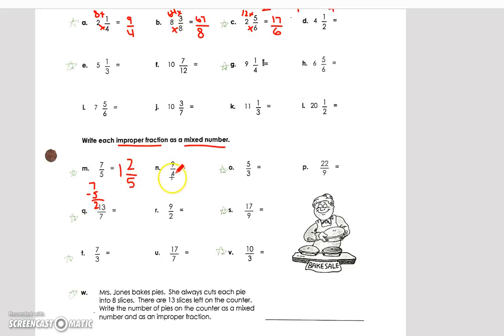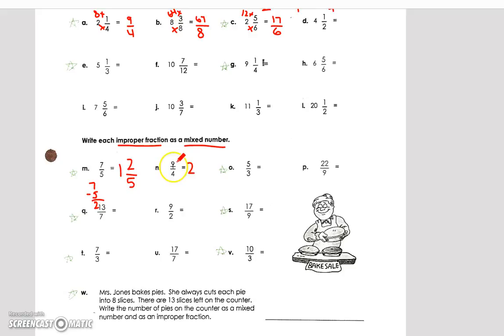Let's try this one. I'm going to think of how many times the number 4, our denominator, fits into our numerator 9. Well, it goes in once, 4 times 1 is 4, and it goes in twice, 4 times 2 is 8. I know it can't go in any more, so my whole number is going to be 2.